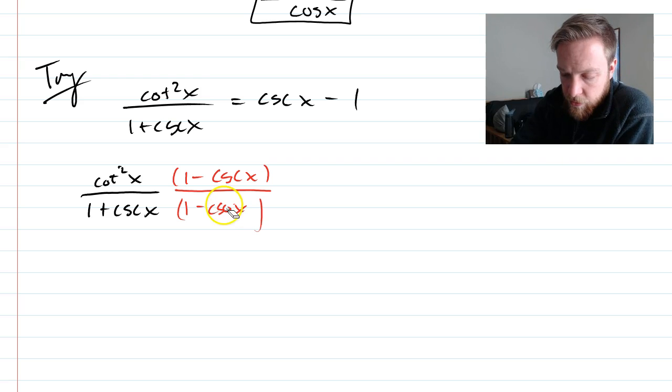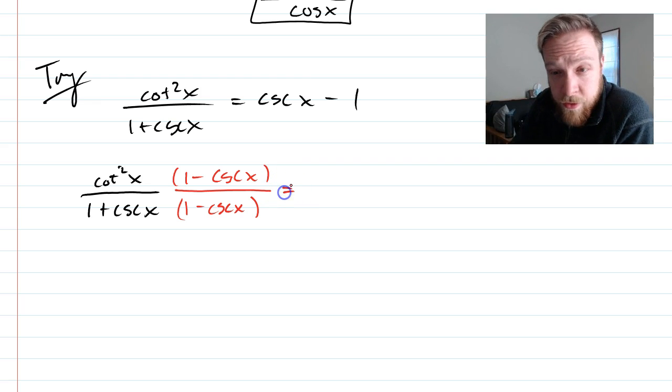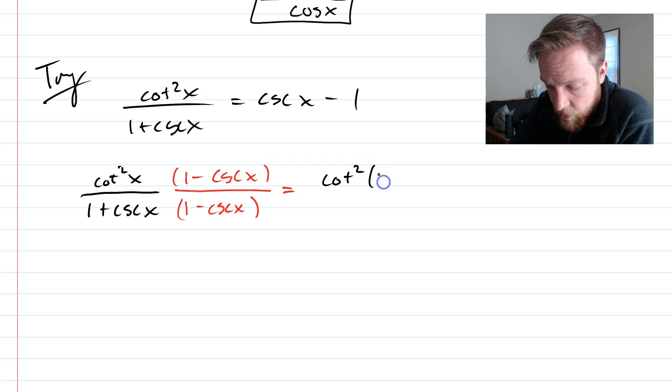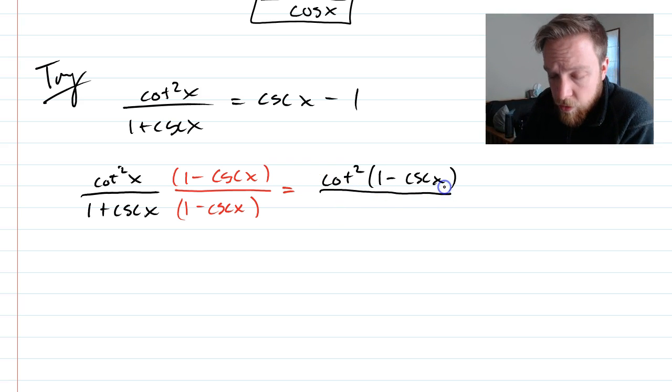Oof, my handwriting. It's gotten pretty bad there. Okay. Now again, on top, it'll be better if we actually just leave it as cotangent squared on top with 1 minus cosecant of x right there. On the bottom, we're going to have 1 minus cosecant squared x. That's that difference of squares that we keep seeing over and over and over.